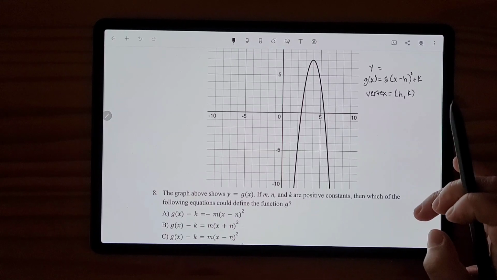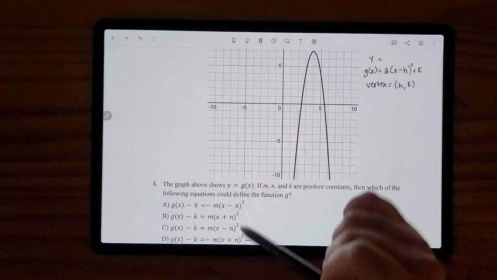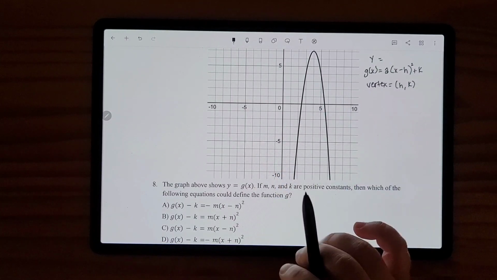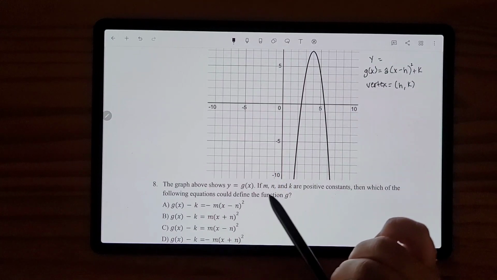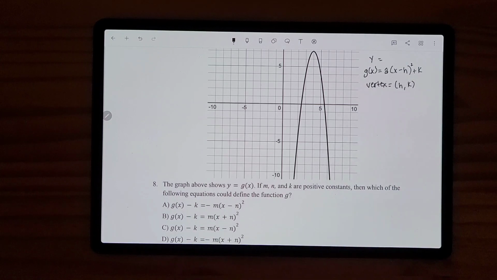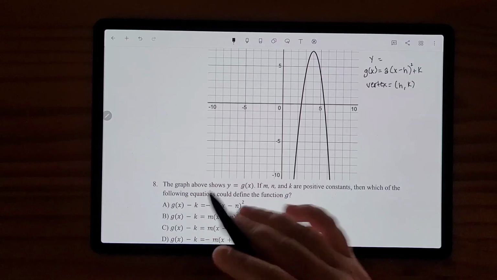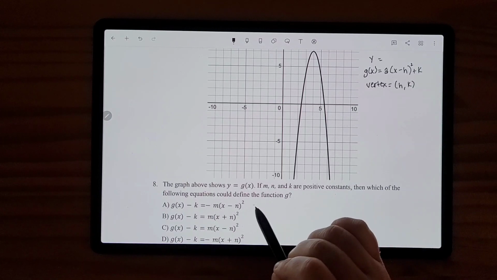So we have to say, okay, we're referring to this formula, and we want to know, what's my possible vertex for each of these equations using this formula.